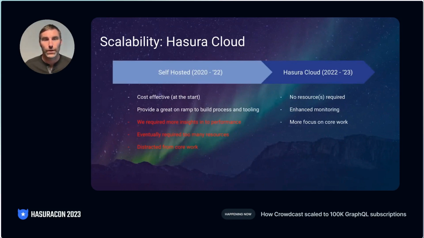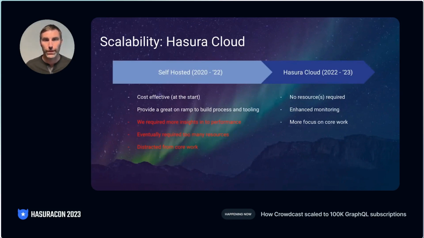But it also provided an on-ramp for us, so we could build tooling, developer education, and get things situated inside of our architecture. This was probably the critical part for us to get settled on Hasura.